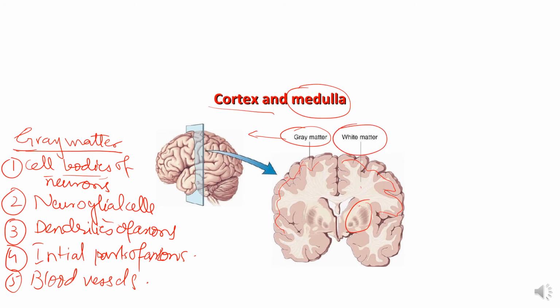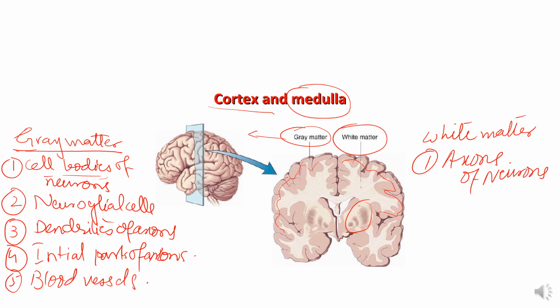Now you know the white matter, it consists of the axons of the neurons. Number 2, what other things are present in the white matter? Some kind of cells. Are there some kind of cells present in white matter also?